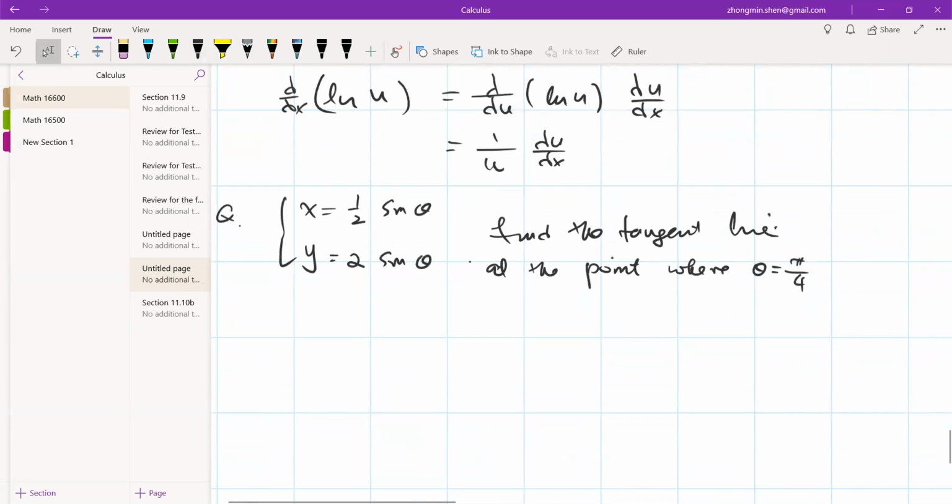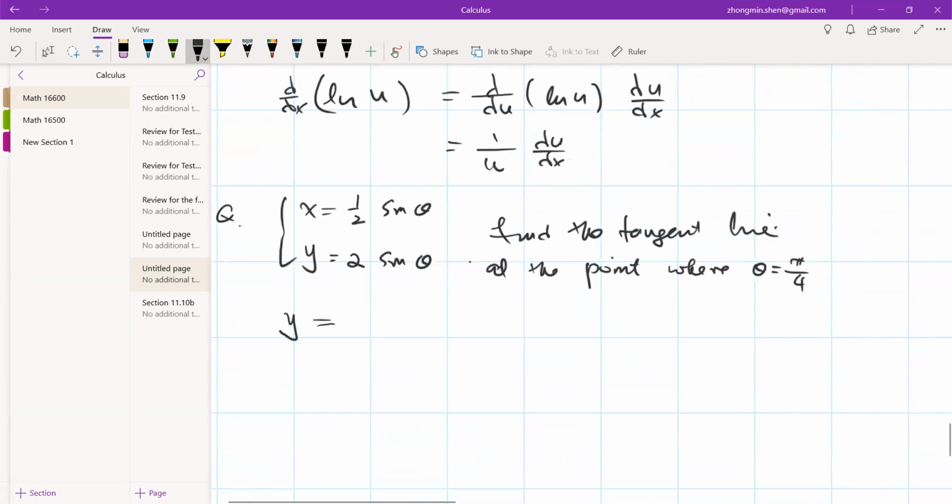Right. But if you draw the graph, very few students realize this is already a straight line. Almost nobody pointed out this is a straight line. Clearly it's a straight line because y is proportional to x.